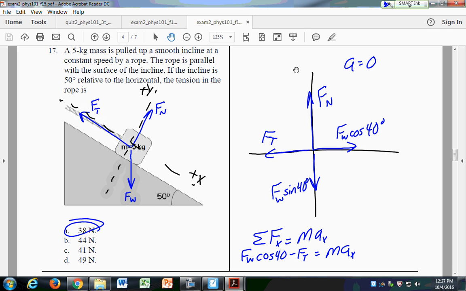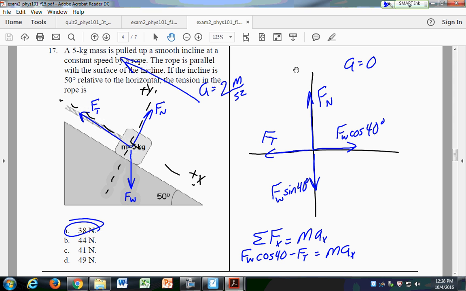Say it's 2. Yeah, so if the acceleration was 2 meters per second squared, let's say that it's accelerating up the inclined plane. Be careful with this. Let's say that it is accelerating at 2 meters per second squared, like William suggested. Be careful, okay?